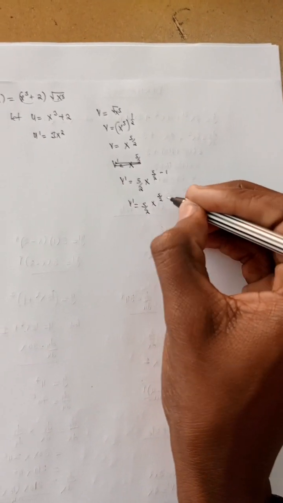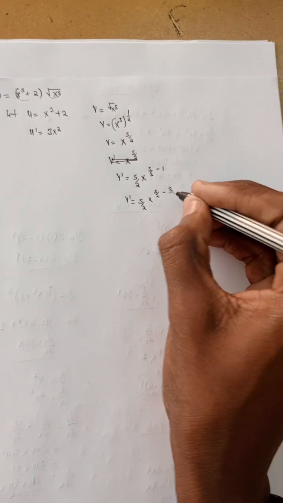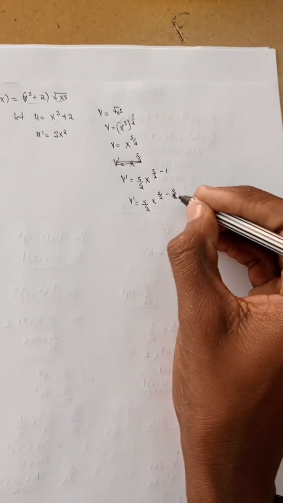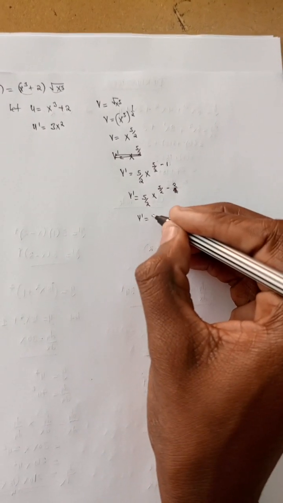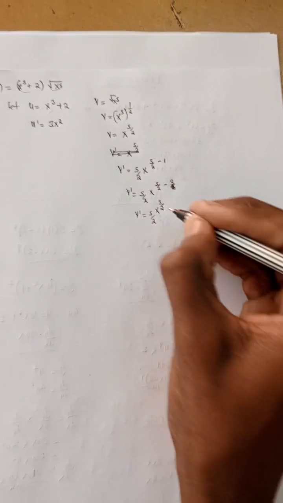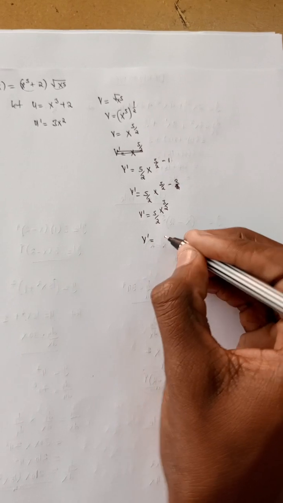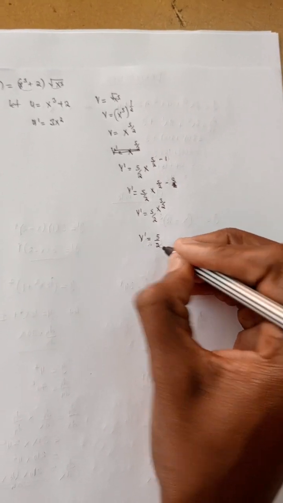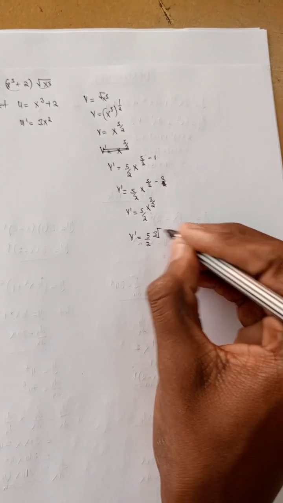So 5 over 2, then 1 is simply the same as 2 over 2. So that's 3 over 2. So we can write this again as 3x squared.